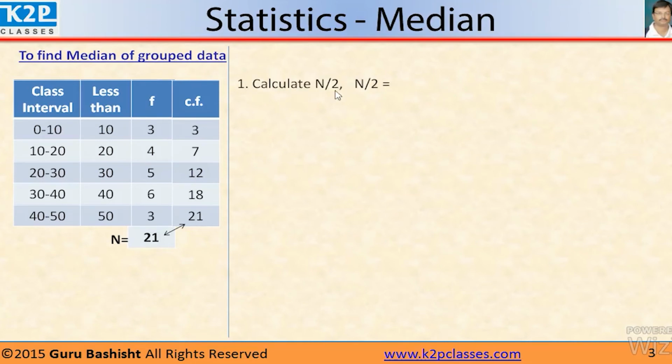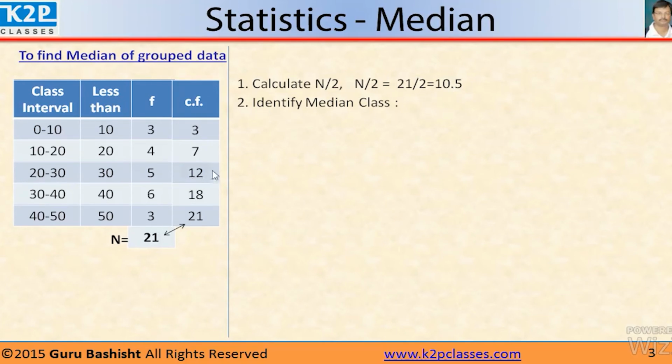So calculate n by 2 in any given grouped data frequency distribution. So what is n by 2? 10.5. Identify the median class. The median class is here, because up to less than 20 there are 7 students, but you are searching for 10.5.